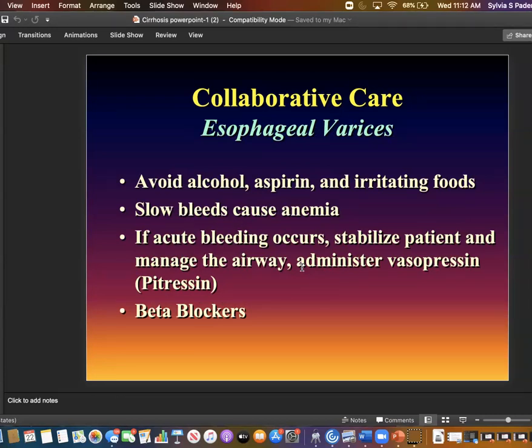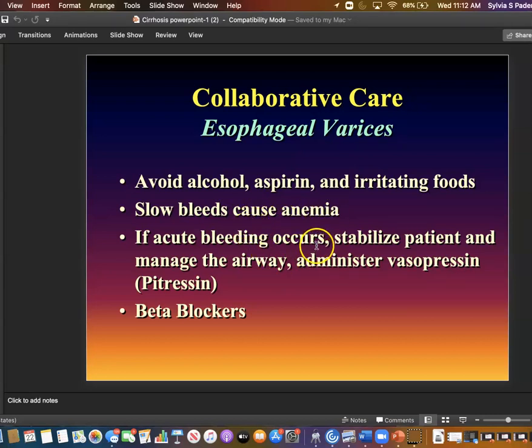So collaborative care for esophageal varices is to avoid alcohol, aspirin, and irritating foods. With the aspirin, I'll say include any NSAIDs, because that will increase the risk of bleeding. Patients can have slow bleeds, and that may lead to anemia.